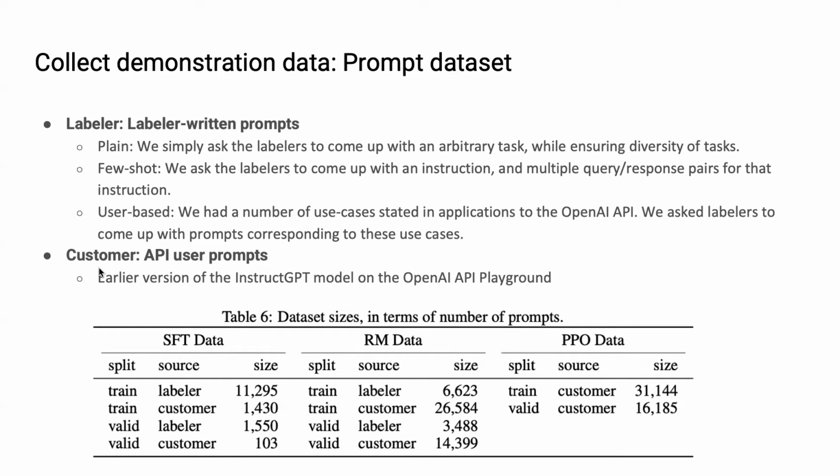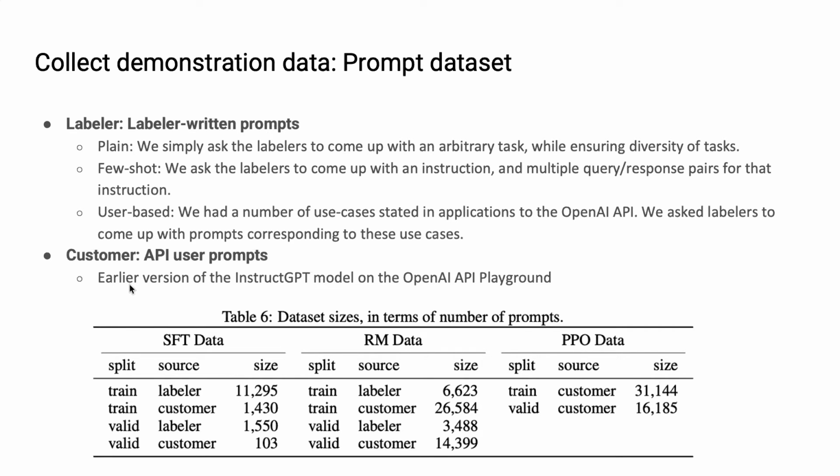They have a different source, the API user prompts. I think there are two APIs. One API is the official one, for example, the GPT-3 API. Another is called the OpenAI API Playground, which is some kind of pioneer product before release. The users need to give informed consent that OpenAI can use their inputs and queries to train their model.